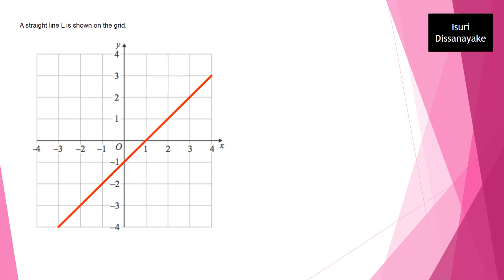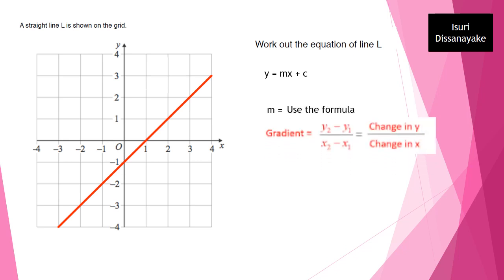A straight line L is shown on the grid. Work out the equation of line L. So the straight line is y equals mx plus c. And we are going to use the formula here to find the gradient of the straight line. So for us to use the formula, we need 2 points. That is minus 3, minus 4 and 4, 3.